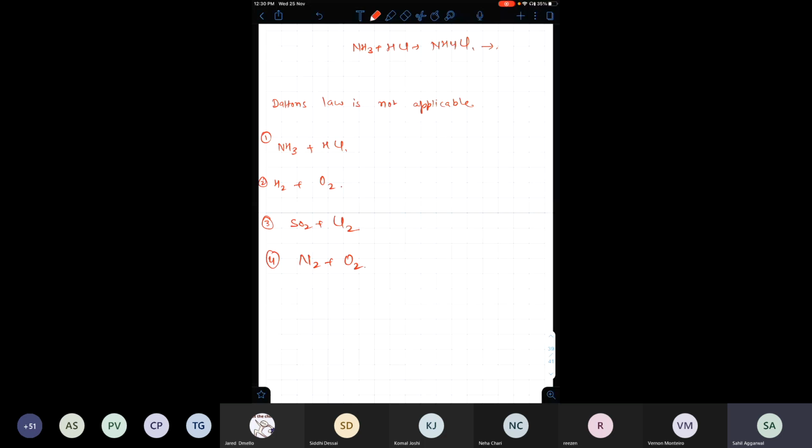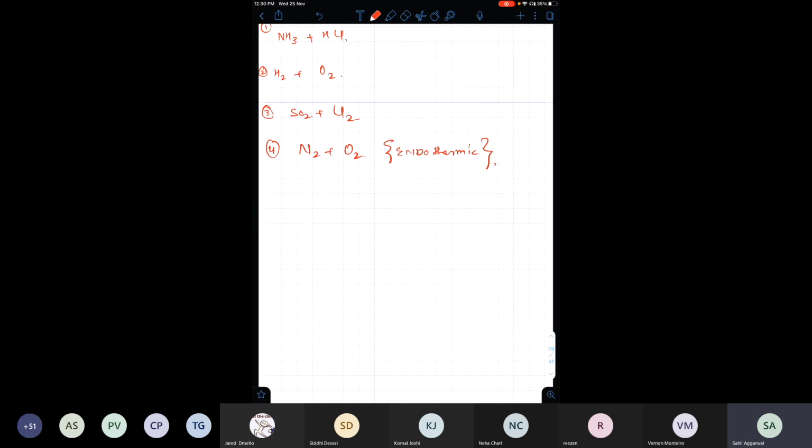Okay, this is an endothermic reaction. So if above options are given, mark them. If none of the above are given, then mark this. It is very difficult to pass because it is an endothermic reaction. N2 is inert at room temperature. But if there is no other option, you can mark this also.